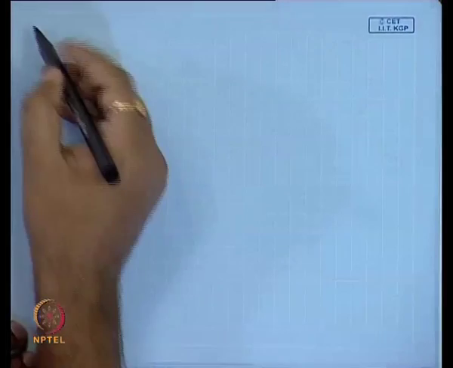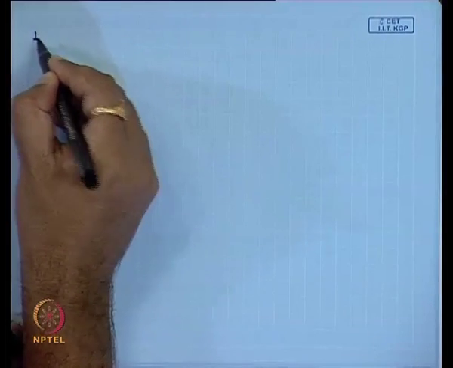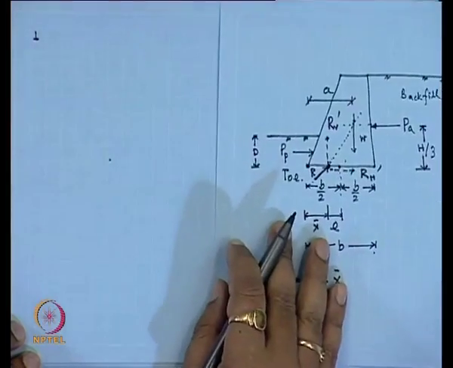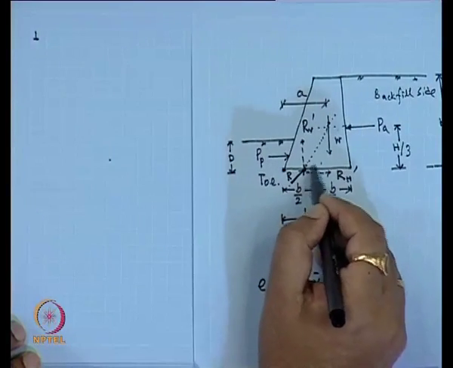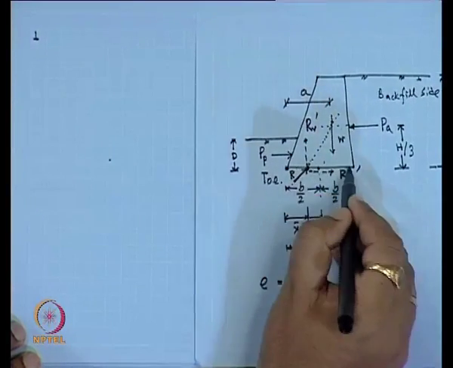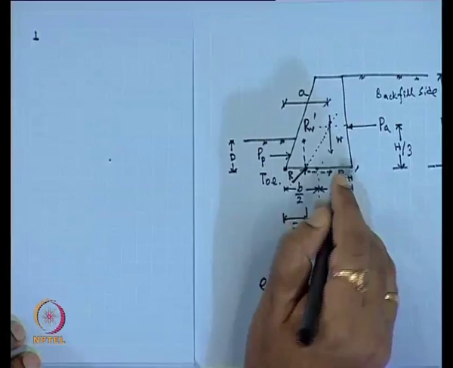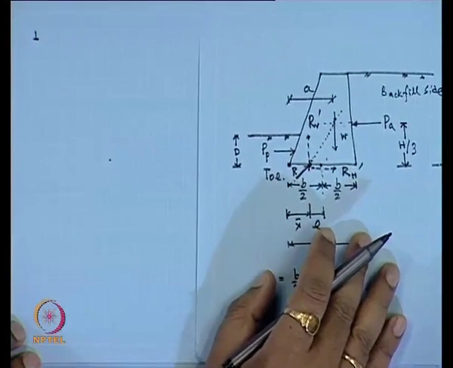The first one is sliding, if I take this photograph here. There is a sliding between the soil and the retaining wall base. That means it may fail because of the sliding.